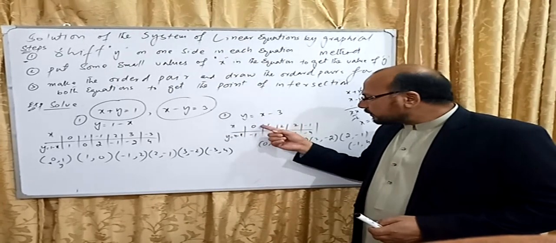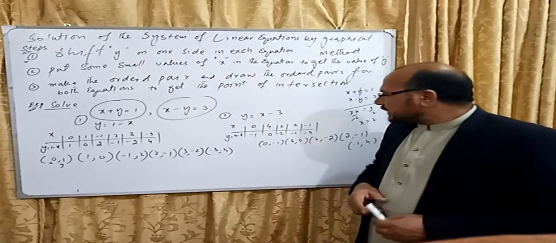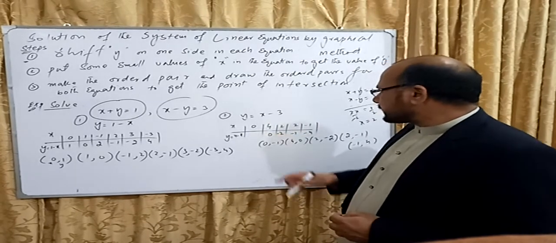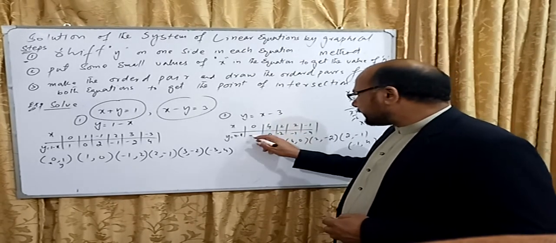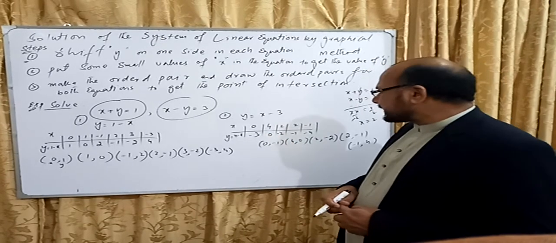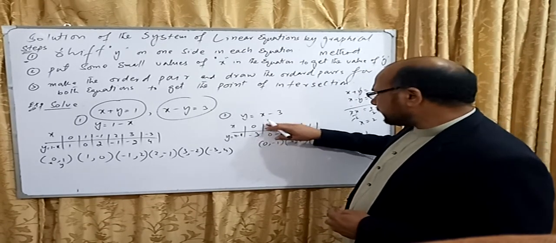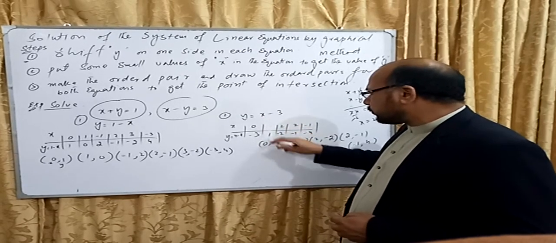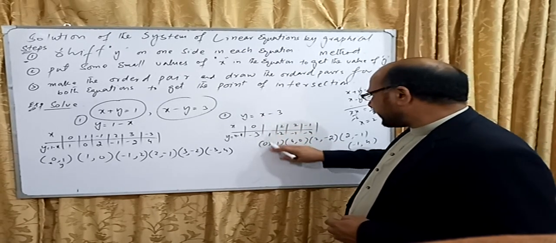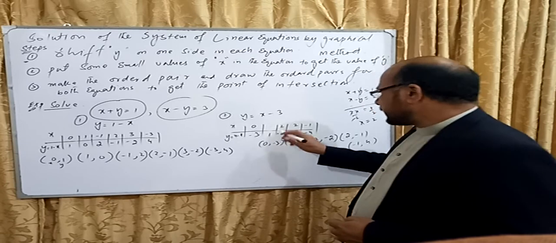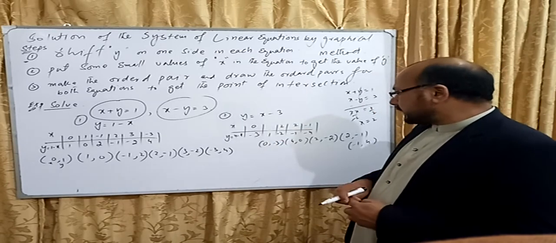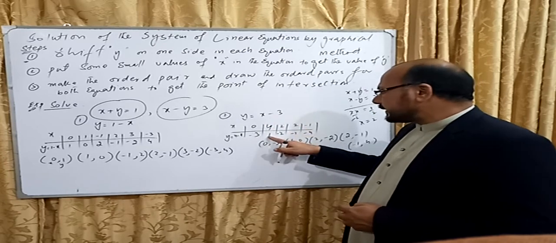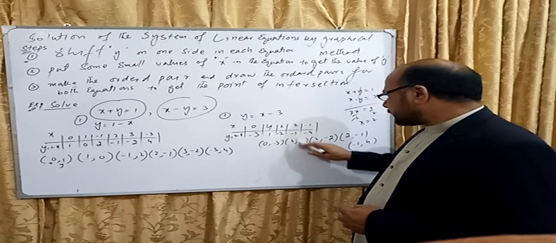After that, you will put some values of x, like here I did. If I put x equal to 0, y will become minus 3. If I put x equal to 4, then 4 minus 3 becomes 1. So 0 and minus 3, and 4 and 1.